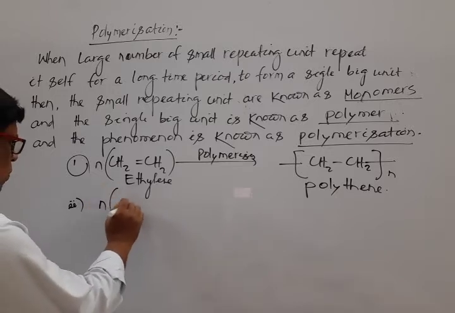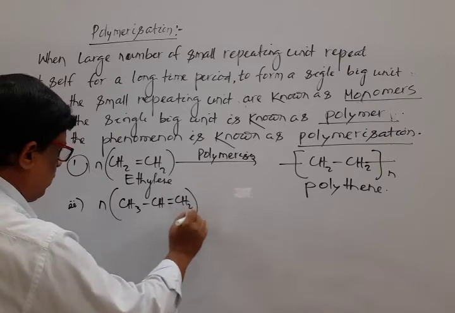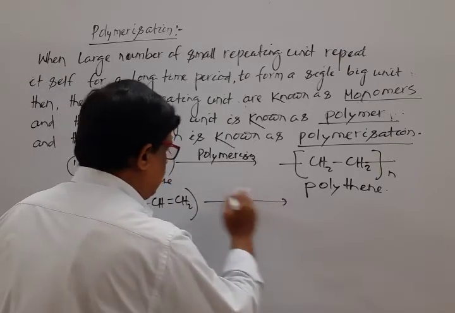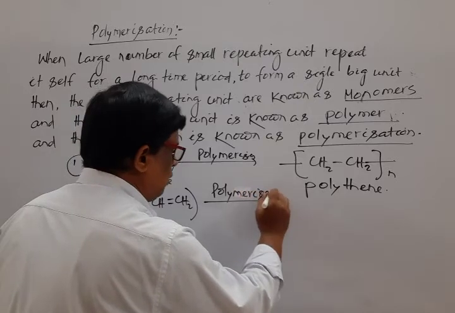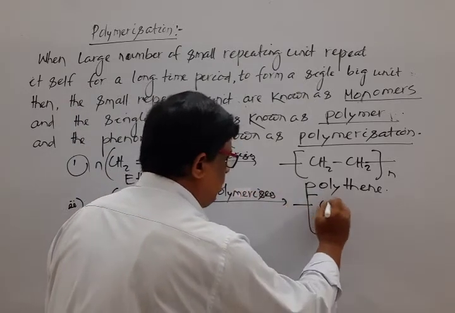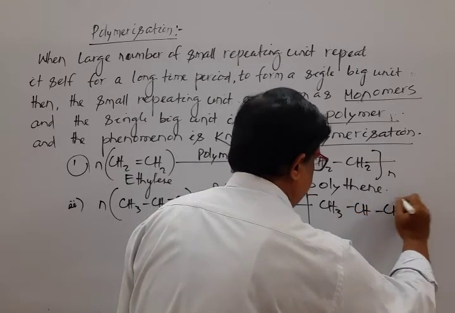Also, if we select a large number of propylene, it polymerizes to form polypropylene, CH3, CH, CH2.